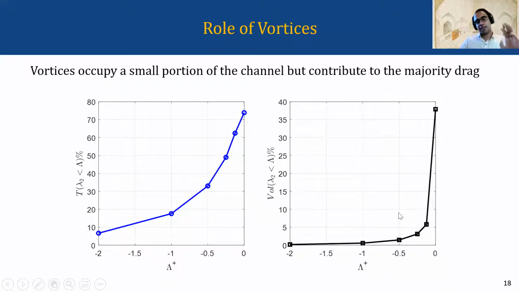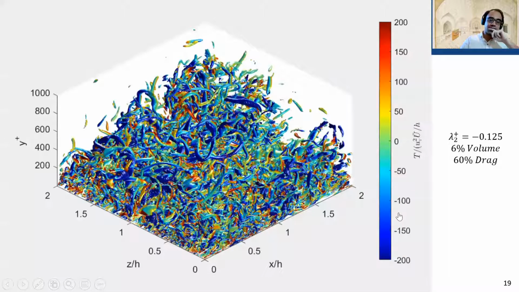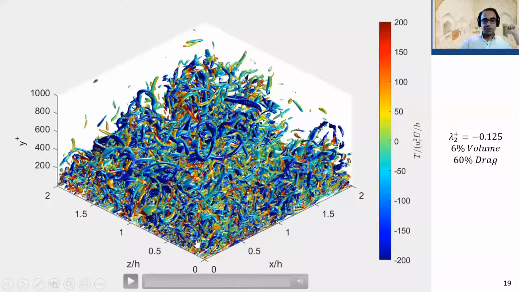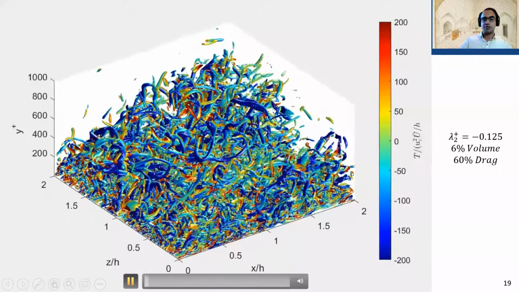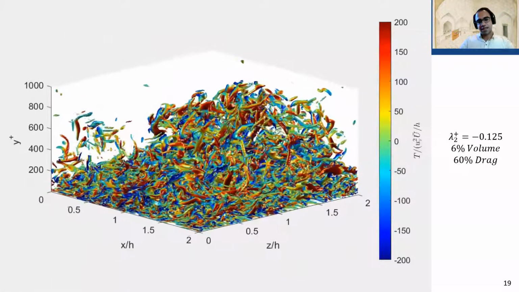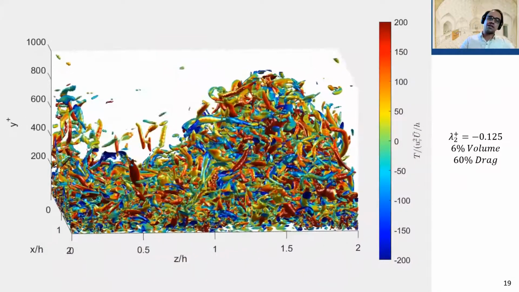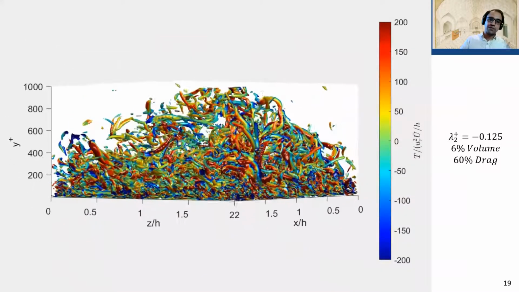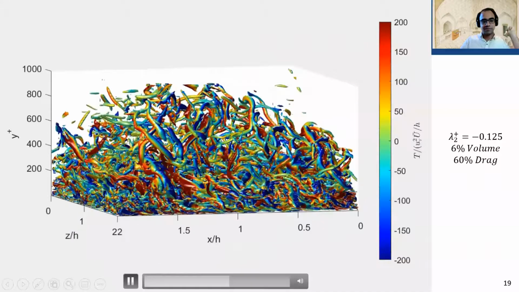So most of the drag is coming from these vertical structures, and this minus quarter is contributing 60% of the drag. You still see that effect where it's mostly red in the front and mostly blue at the back, of course subject to local variations.